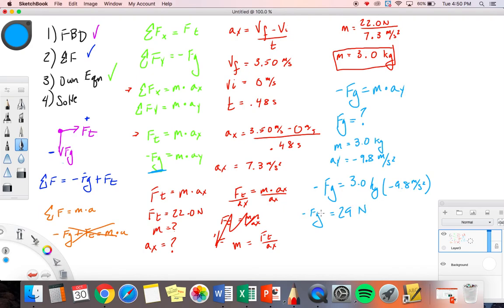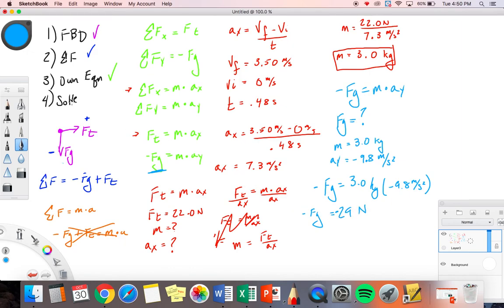Okay, which should make sense. Originally, once again, this is negative, and the negatives can cancel out or they cannot. I don't really mind. If you keep it like this, that's fine. If you write force of gravity is equal to 29 newtons, once again, that's fine. It's really not that large of a deal.